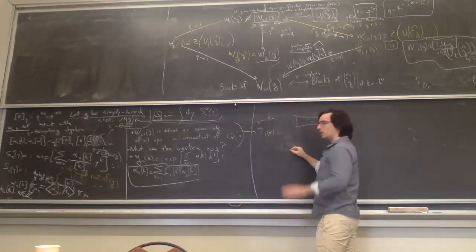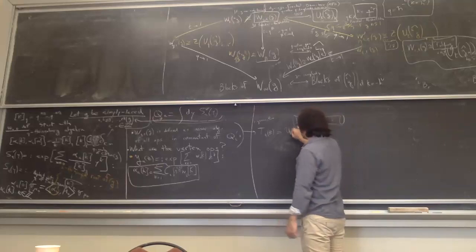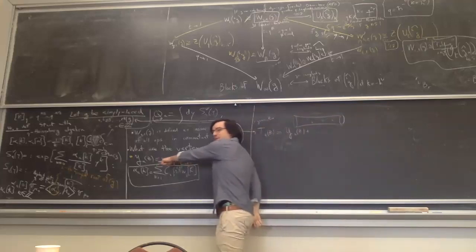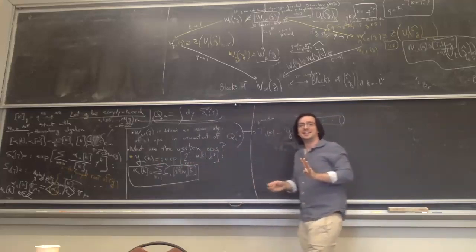These generators are all written as a Laurent polynomial in those operators, Y's and Y's inverse. That's a surprise. It didn't have to be the case.